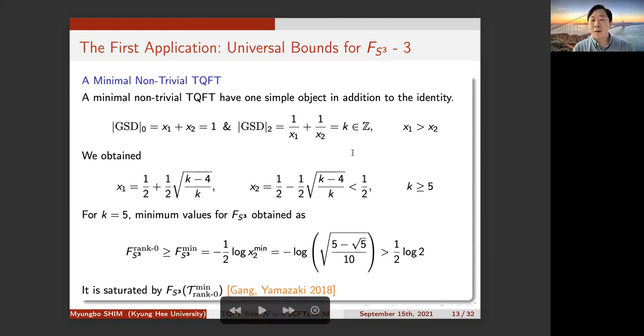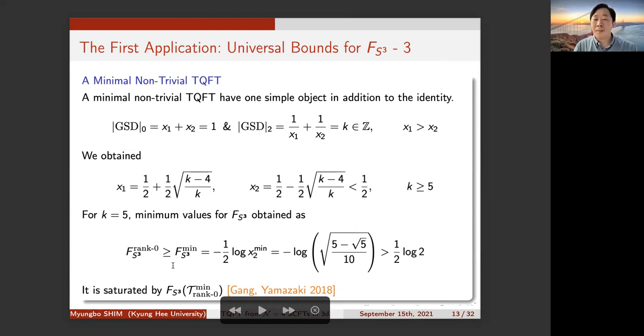Combining these two equations with an arbitrary integer value k, it is just solving a quadratic equation. So x1 and x2 are given in a simple way, and since k is an integer value, k should be larger than 4. So for the minimal theory, k should be 5.